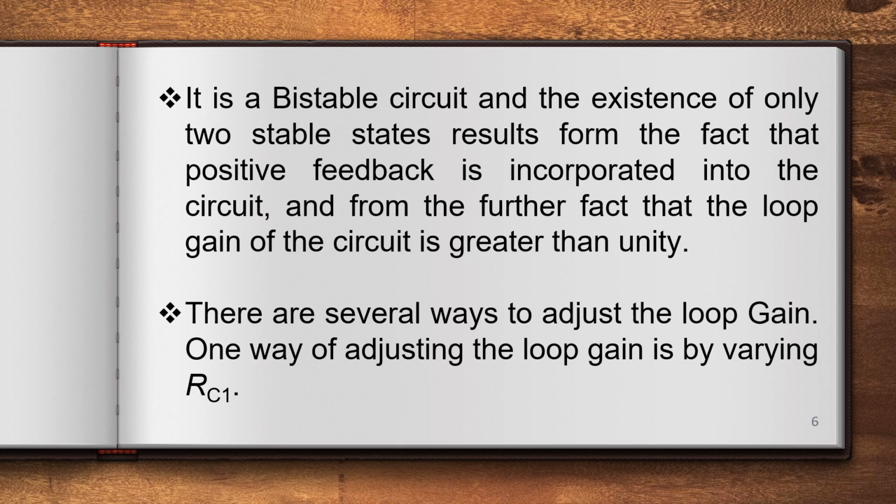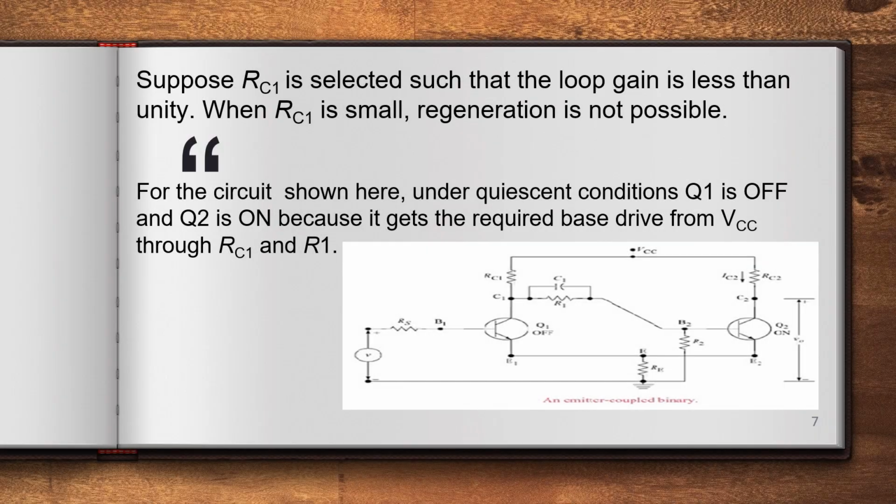Here loop gain depends on the collector resistance of the first stage. There are several ways to adjust the loop gain. One way of adjusting loop gain is by changing the value of the collector resistance of the first stage. This is the collector resistance of the first stage. So loop gain mostly depends on the value of RC1.